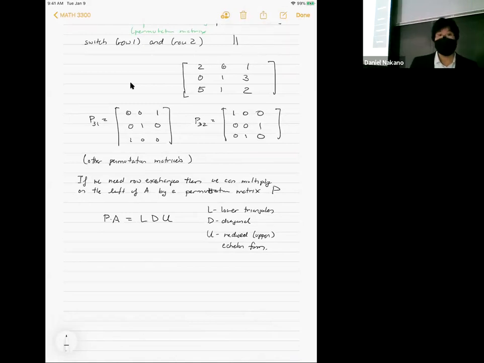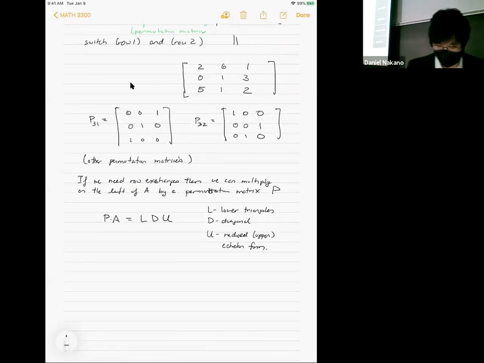All right, so no matter what, once we can do the row exchanges, then everything is good to go. Okay, any questions on this procedure at all? Okay.